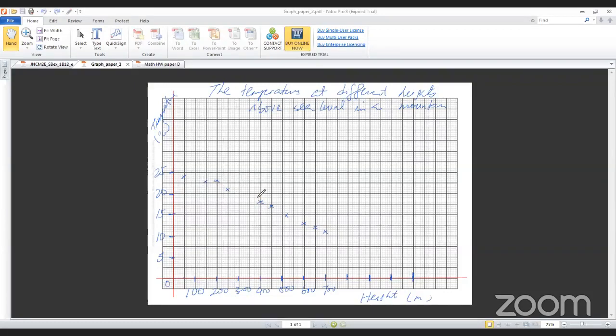If you do it with a piece of graph paper, then you can use a ruler to help you so that you can mark the correct point. Okay, 210 and then 22. Okay, and then 100, 23.